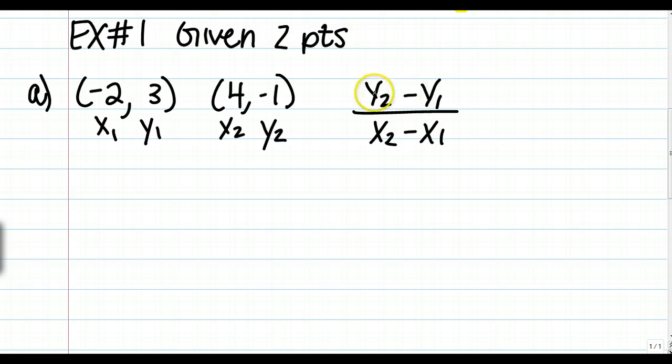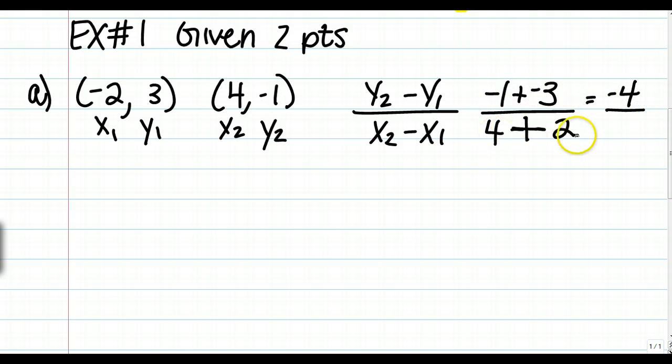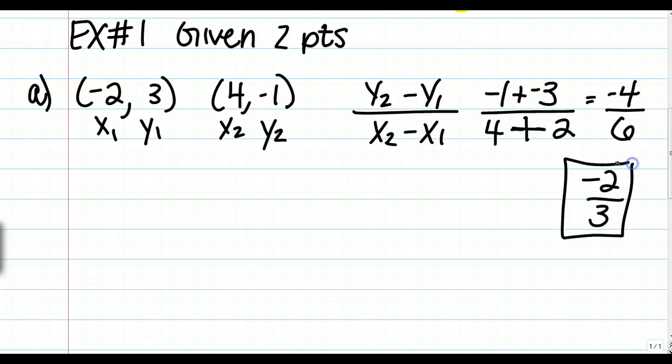I would plug in -1 for y2, and it's going to be 3 for y1, x2 is 4, and x1 is -2. And remember, it's minus a negative, so you know that these are going to become a positive, and this is like plus a minus. So -1 minus 3 is -4, and 4 plus 2 is 6. You'd have to reduce this, so it would be -2/3, and that would be your slope, -2/3.